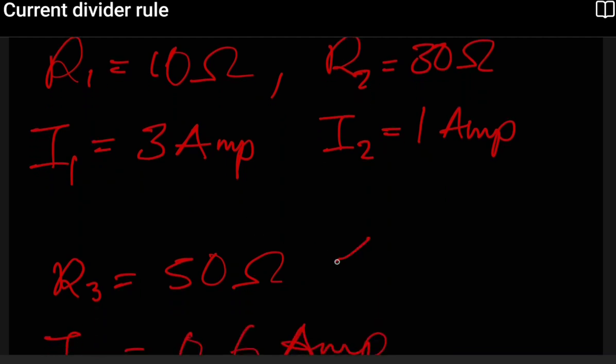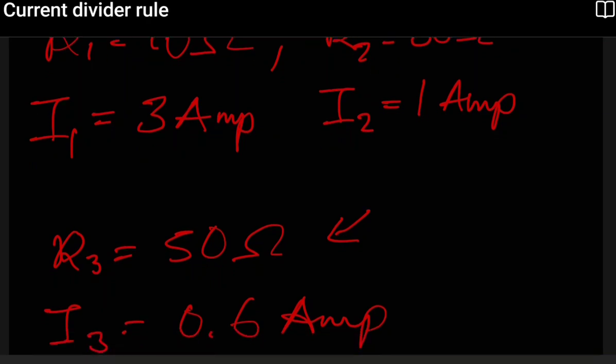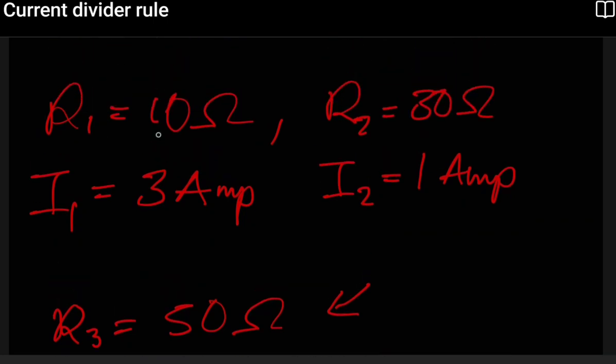Picture this: R3 has the largest resistance, 50 ohms, implying that that route will be very hard to take. Because of that, less current tends to take that route. R1, however, has the smallest resistance. Because of that, more current tends to easily take that route as compared to R2 and R3.